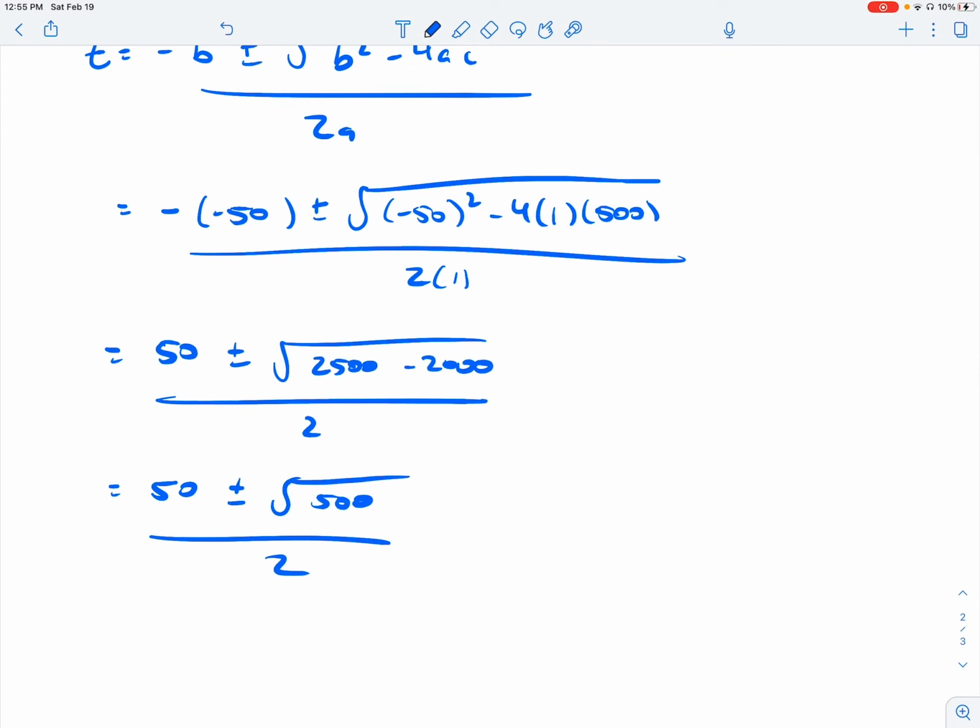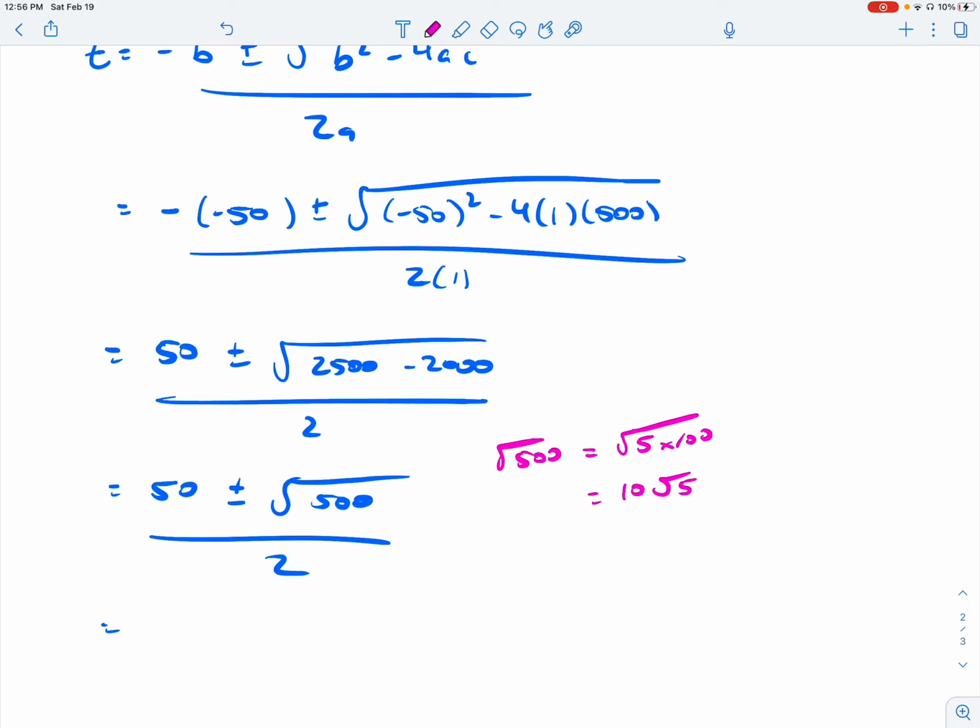So it looks like we have two solutions. Since we know how to work with radicals, we're going to simplify that. We could do it off to the side. So we'll say root 500, that's equal to root 5 times 100. I usually write that the other way, the perfect square first, but we can take the square root of 100 and take that out. So we'll have 10 root 5.